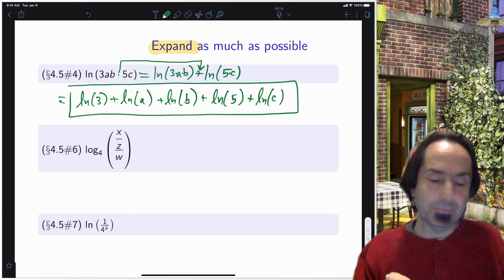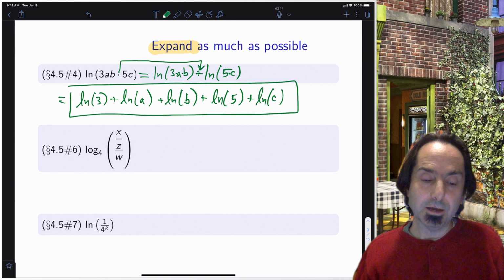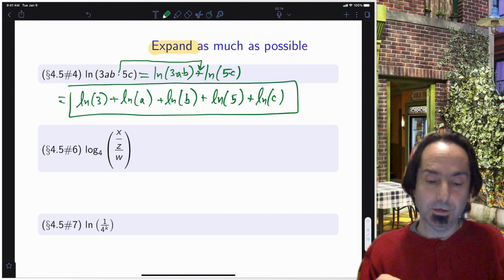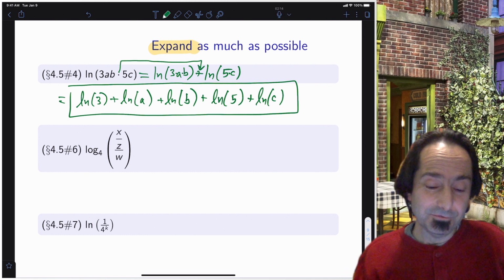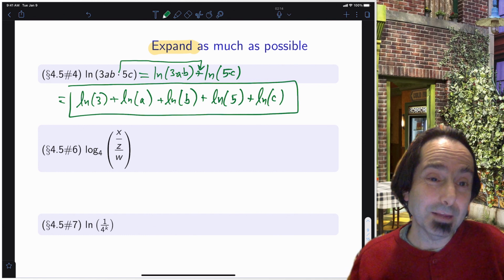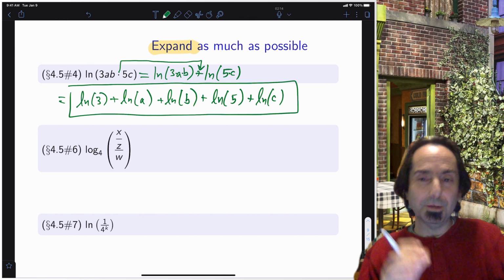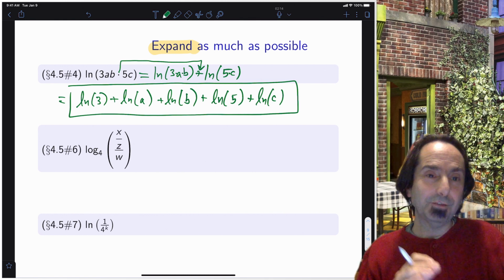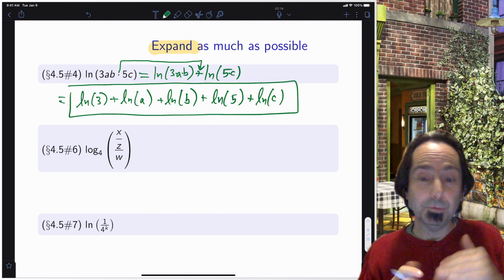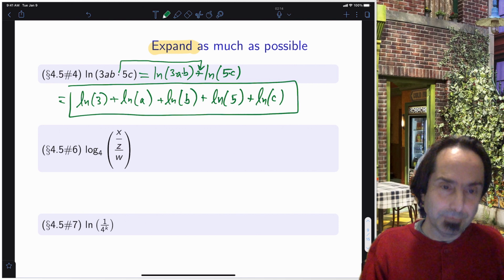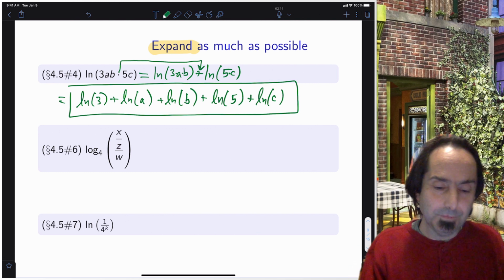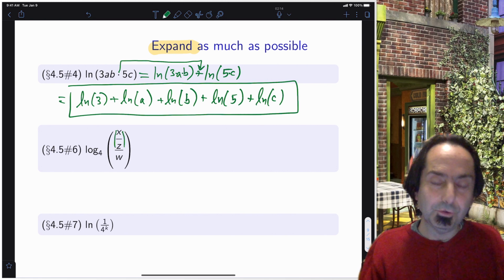Okay, how about this? Next one, expand log base 4 of x over z over w. Well, first I have to say that fraction is looking pretty ambiguous. Is it x divided by z divided by w, or is it x divided by z divided by w? And I can see from the length of the bar that it's actually x over z, divided by w.